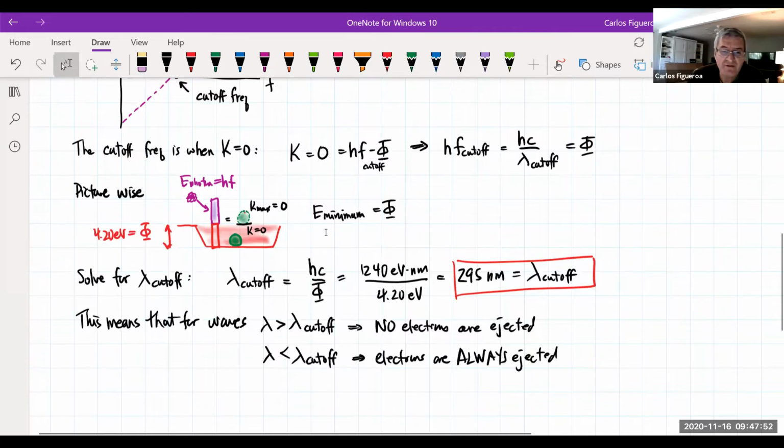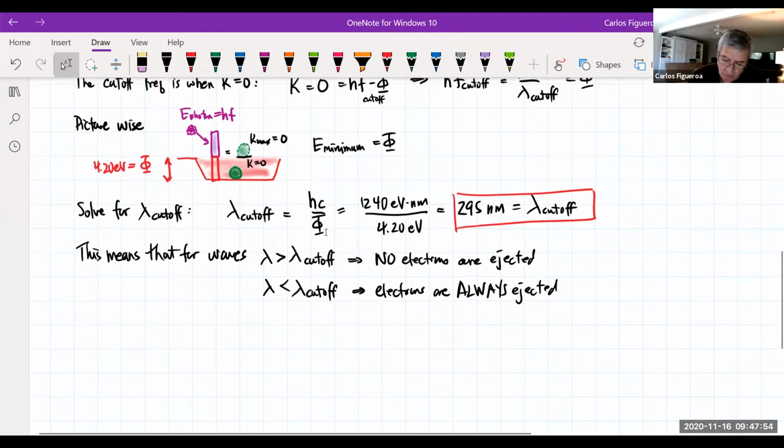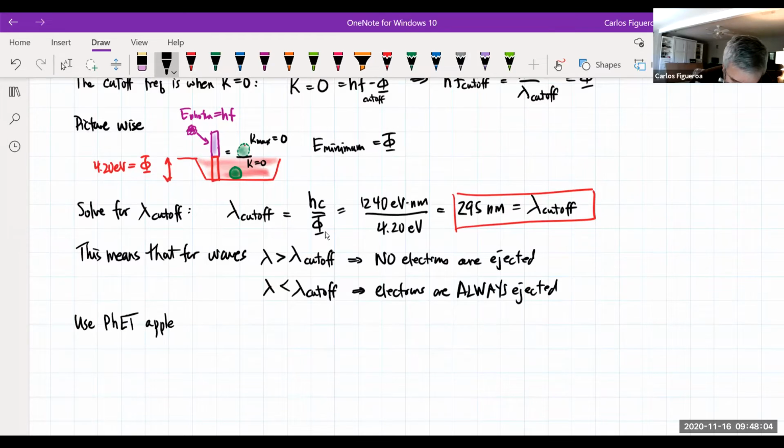Aluminum is not in the PhET applet. So I'm going to use sodium, because now we can use some numbers to actually show you what I mean by that.